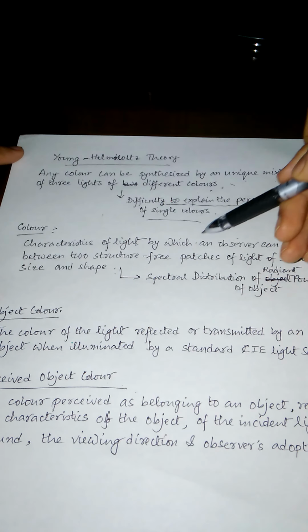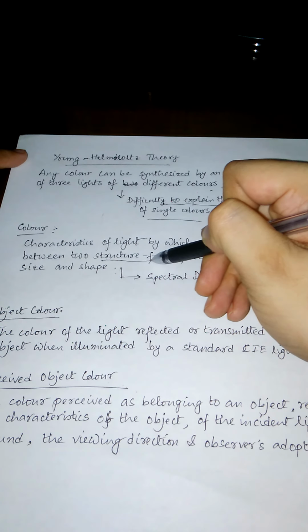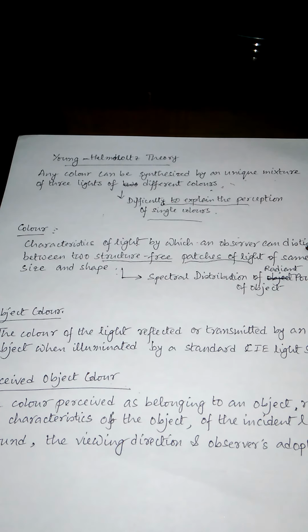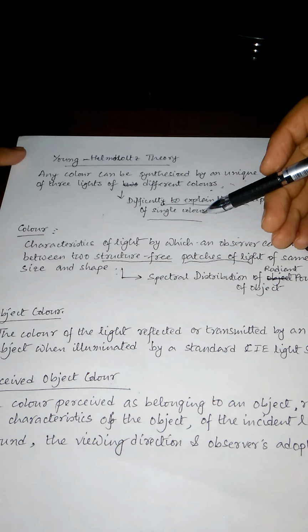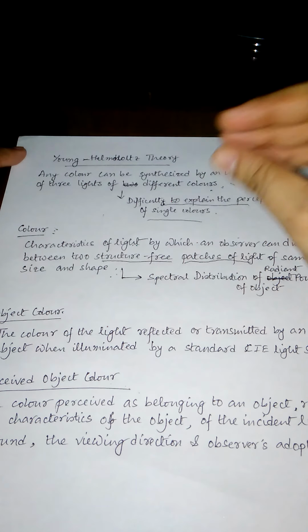Structure-free patches of light are incident on a particular area, and an observer distinguishes between those two patches of the same size and shape by the characteristics of light.